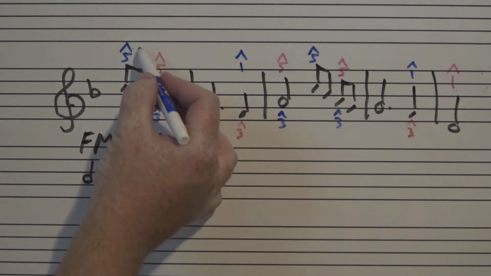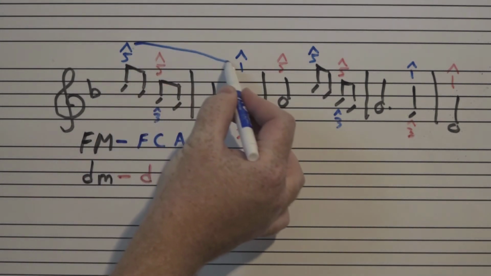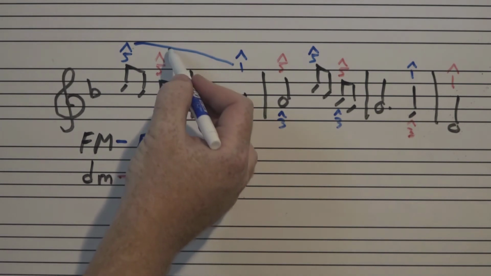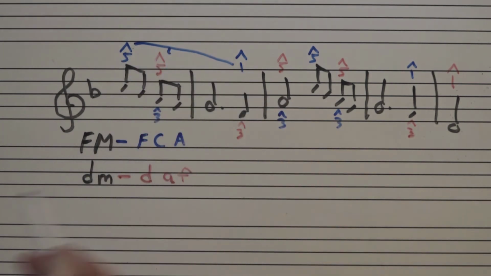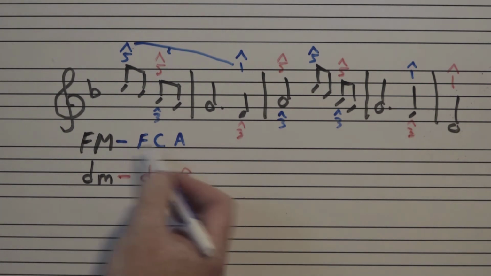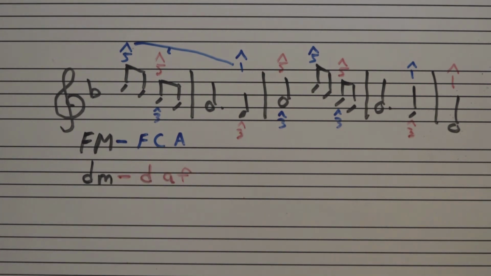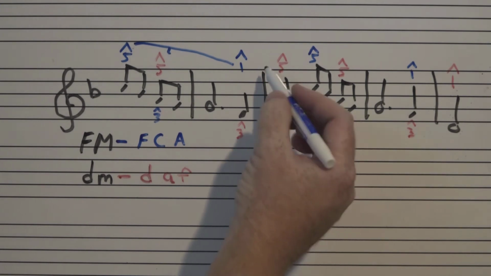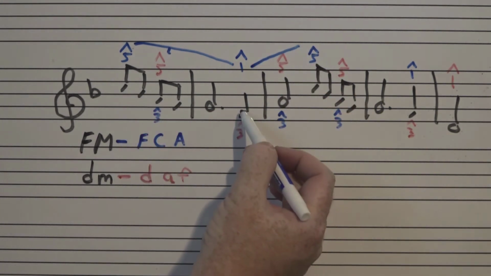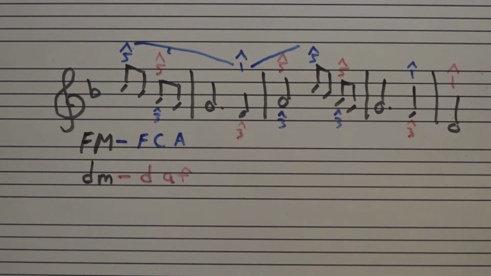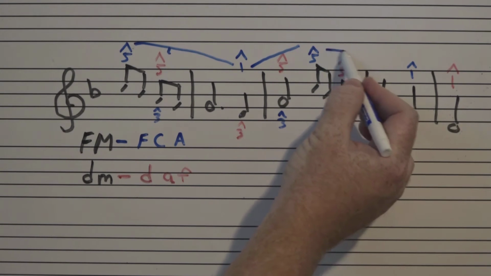Notice how this outlines C, A, and F. We'll eventually know that as the major triad or the tonic triad in F major. And notice it does that here too. Scale degree 1, 3, and 5. 1, 3, and 5. It's just an F major scale. And again, right here.